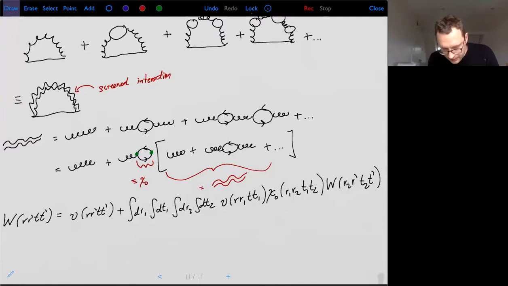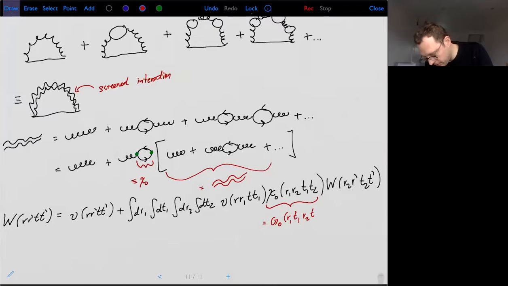And basically, I can also, of course, evaluate the Feynman diagram for this chi0, and all that it is just G0(r1 t1, r2 t2) times G0(r2 t2, r1 t1).